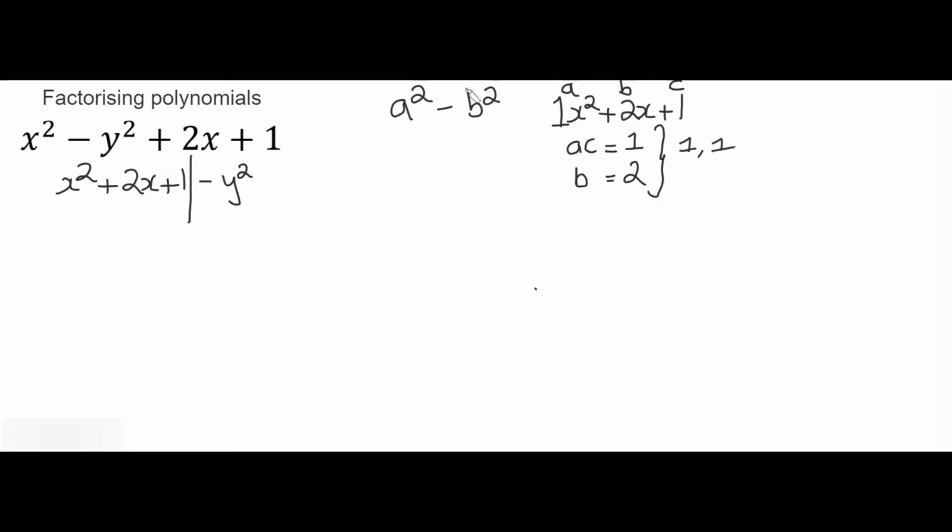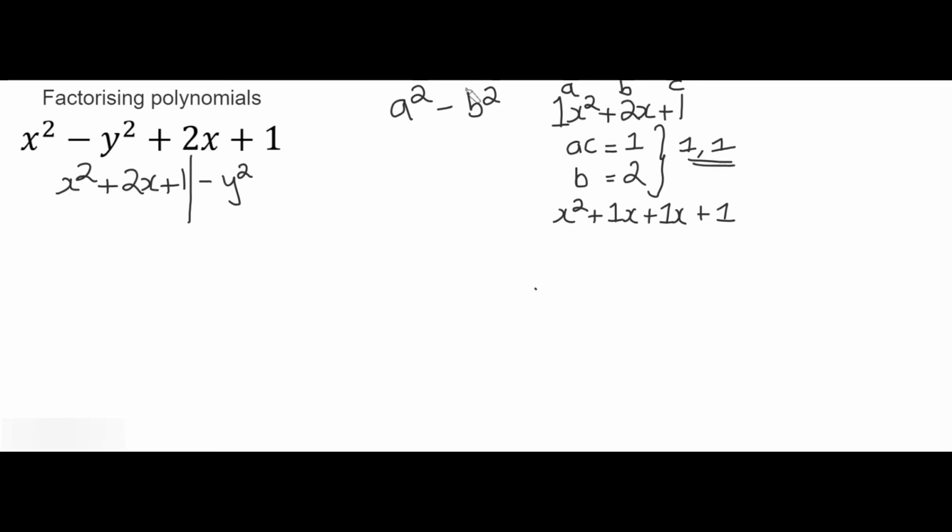What this means is we'll be adding these two terms instead of the middle term 2x. So it will look like x squared plus 1x plus 1x plus 1. So we have broken the middle term. Instead of 2x, we have written it using these two numbers that we just found.